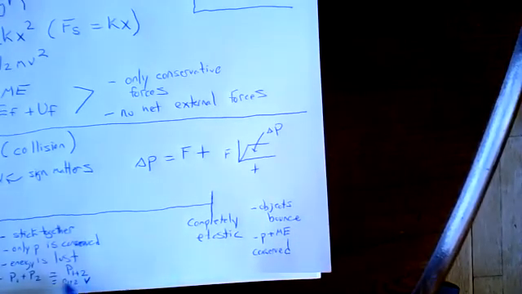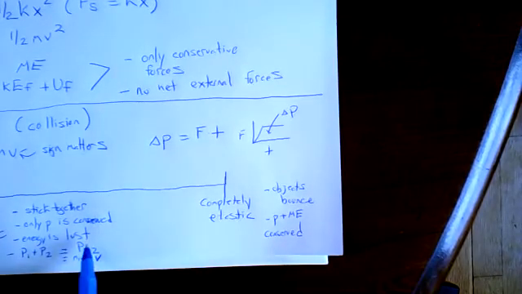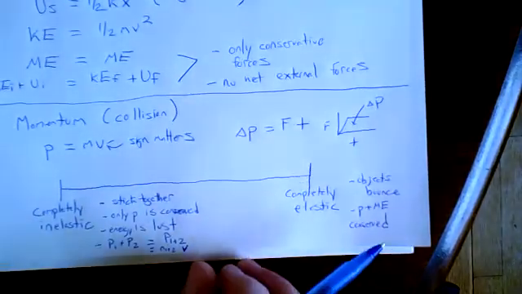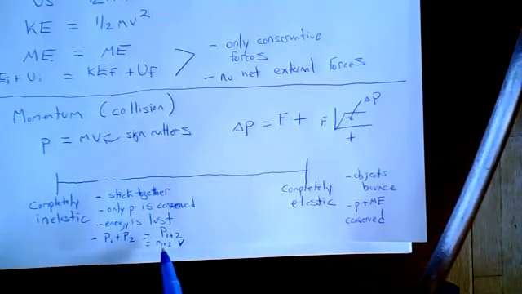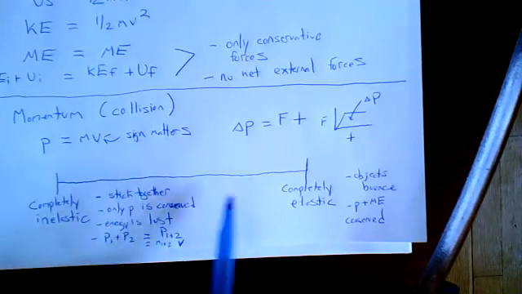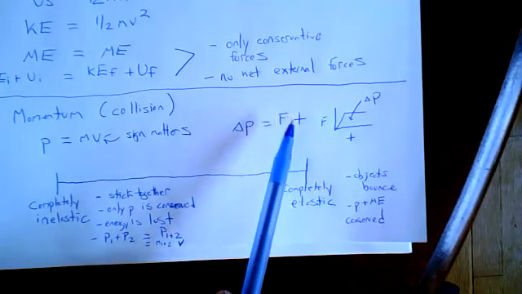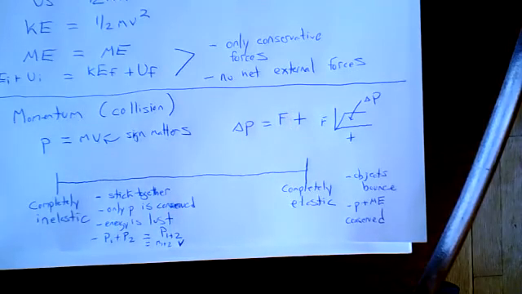Most things are going to lie somewhere in between, where your objects don't stick together. Momentum is still conserved anywhere in here. Energy is still lost, but you're going to have a little bit fancier of an equation because your objects don't stick together. If you get a problem on this, you're likely going to get one of these completely inelastic problems, though. This makes the math so much easier. Or you're going to get one of these momentum change ideas.